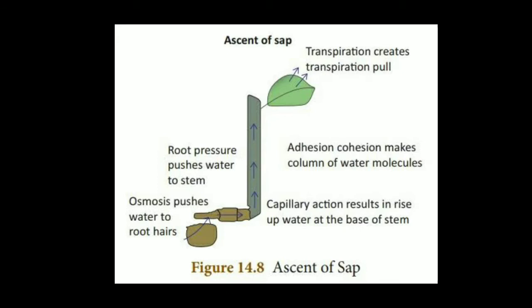If you drop a thread inside a bucket of water and leave it, the capillary action will also happen in the fibers of the thread, and you will see water being absorbed by the dry surface. And adhesion and cohesion make a column of water molecules, and they are all moving. Briefly, ascent of sap is the upward movement of water.